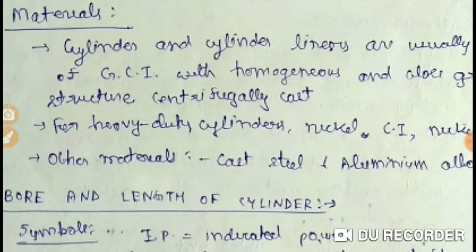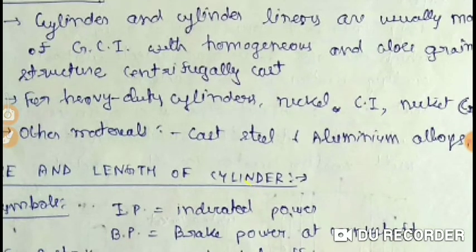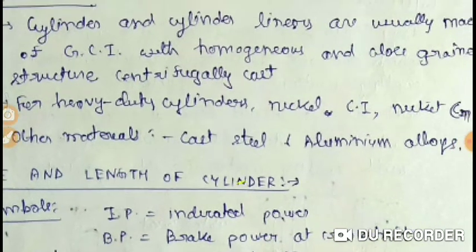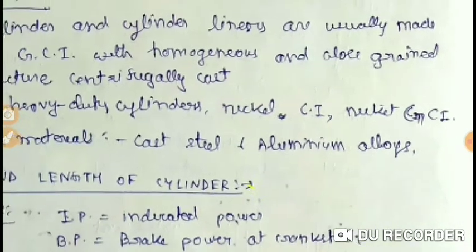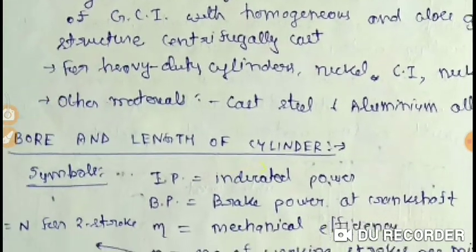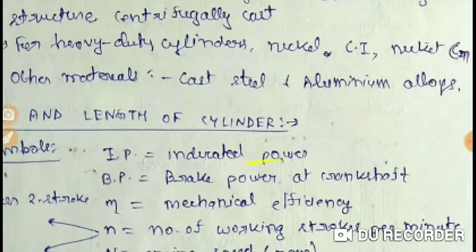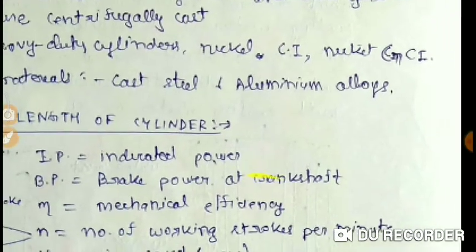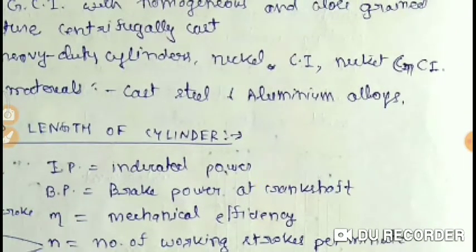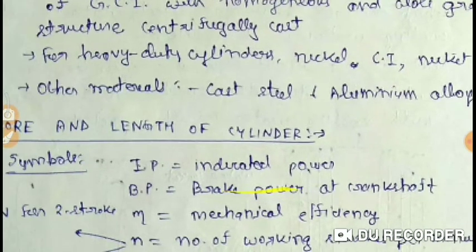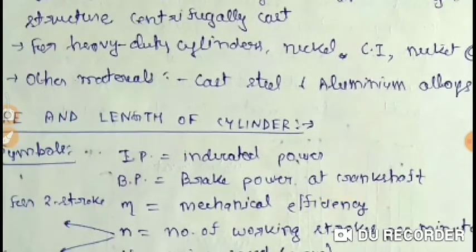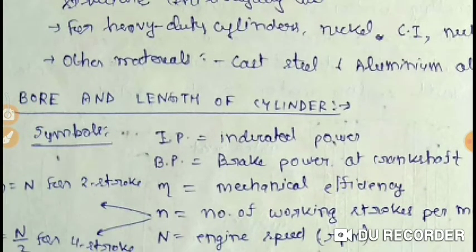That's why cylinders are made of gray cast iron with homogeneous and close grained structure that is centrifugally cast. For heavy duty cylinders, nickel gray cast iron is used. Other materials are cast steel and aluminum alloys. So these are the general materials of the cylinder and cylinder liners.